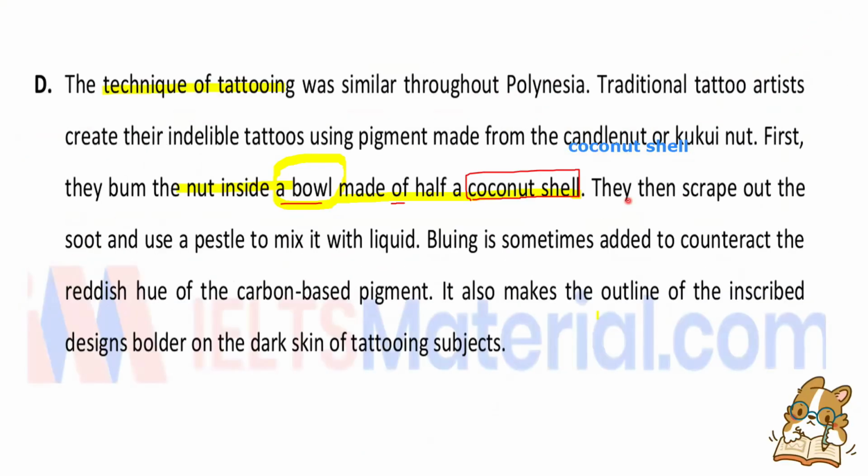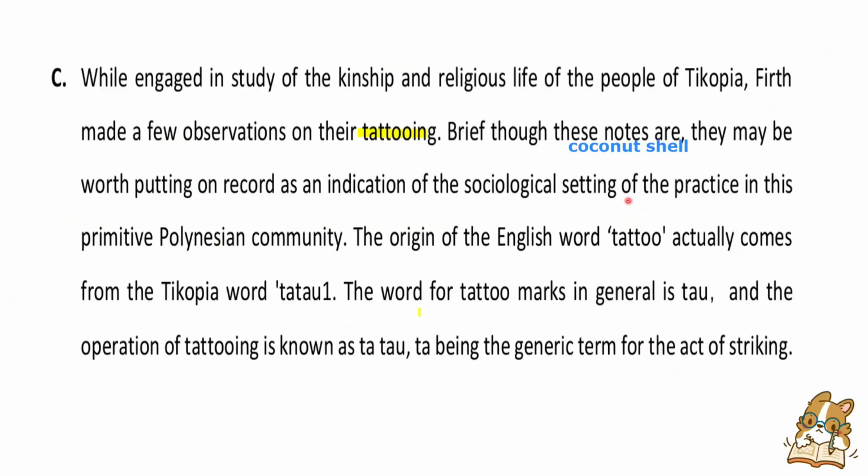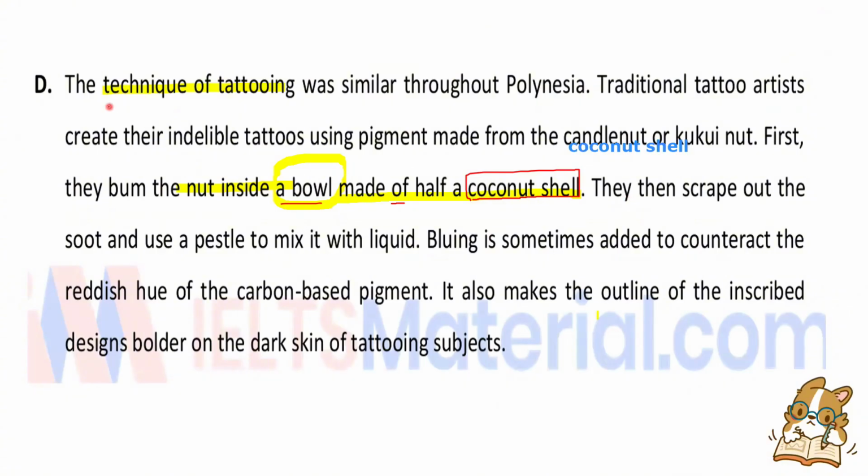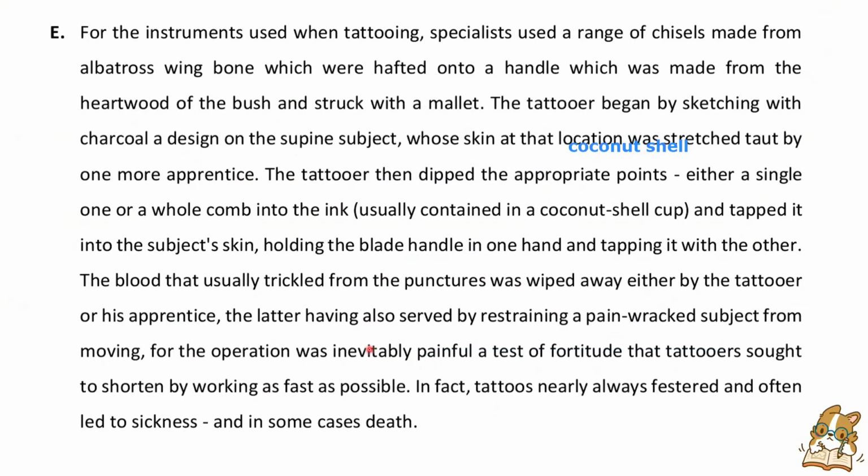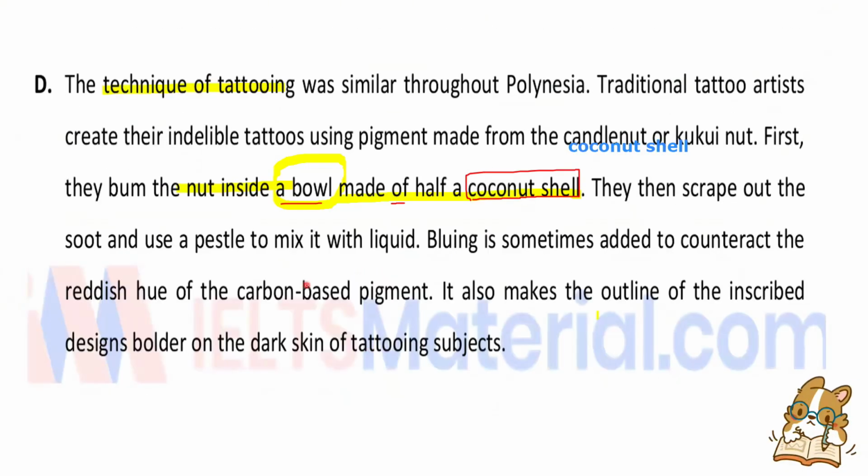So we found the answer in paragraph D. Now, the answer also for number 6 is somewhere in the next sentences or next paragraph, but we don't skip the next sentences. We have to find the answer.